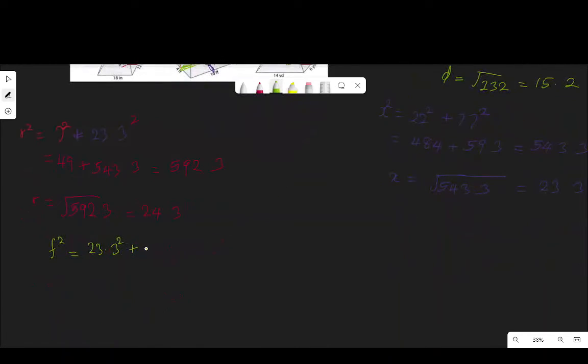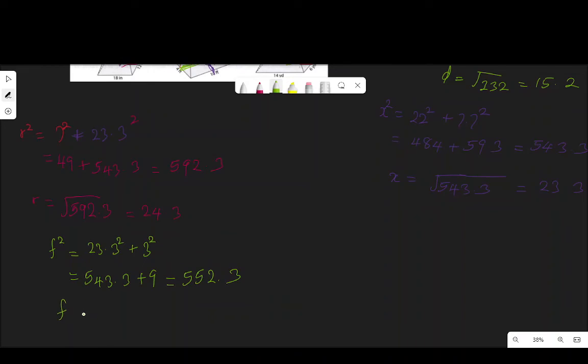That is 3 square. 23.3 square is 543.3. 543.3 plus 9 is 552.3.